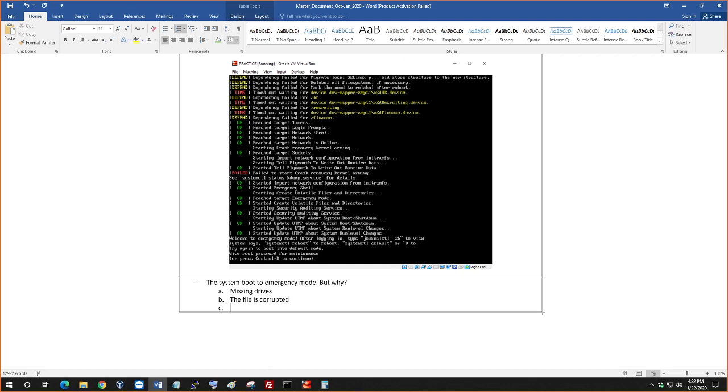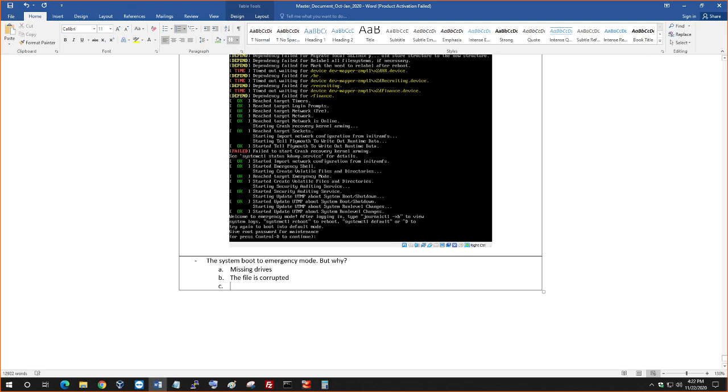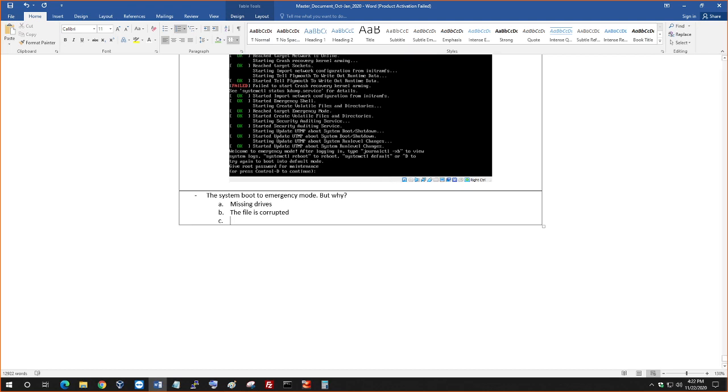Okay, and it's because of missing drives that the file system is corrupted. And what else? The file system is unmountable.